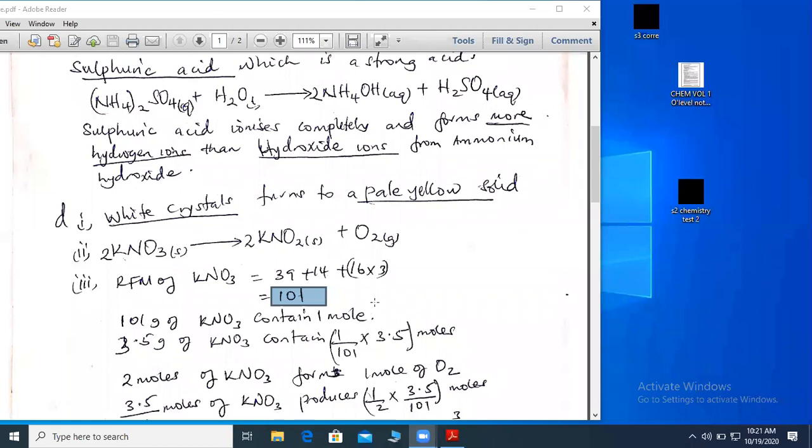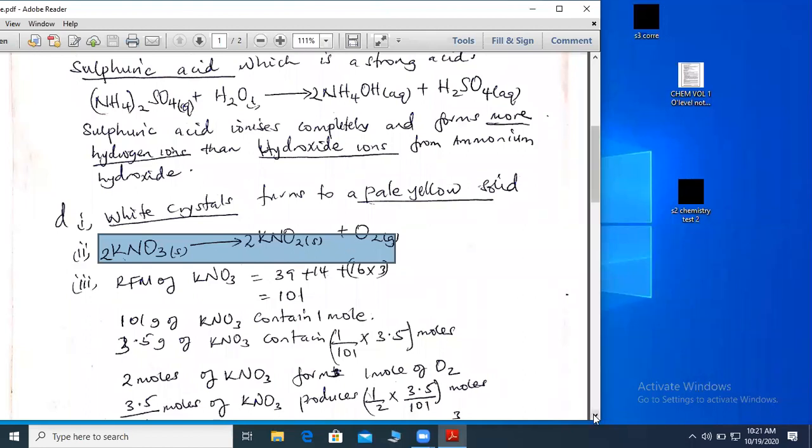So when we have the moles of potassium nitrate, we can now compare from the equation to get the moles of oxygen. From the equation, it is clear that 2 moles of potassium nitrate form 1 mole of oxygen.